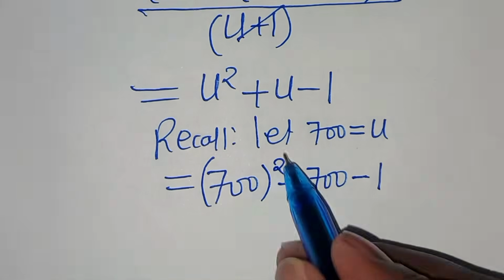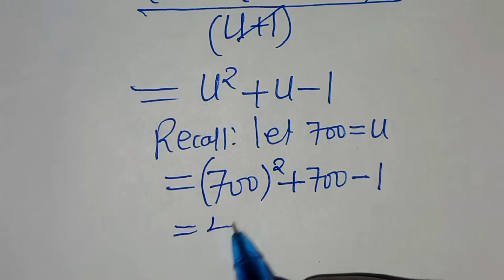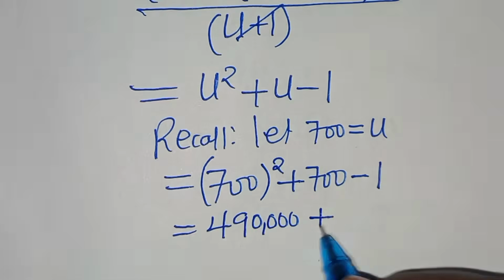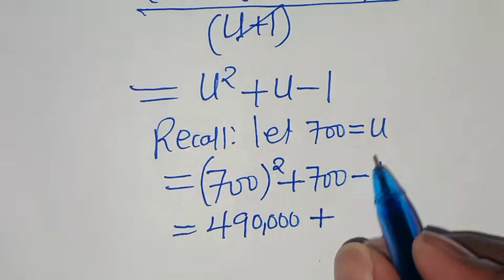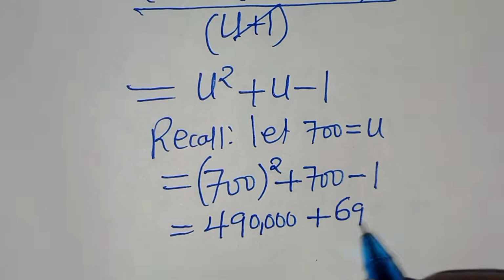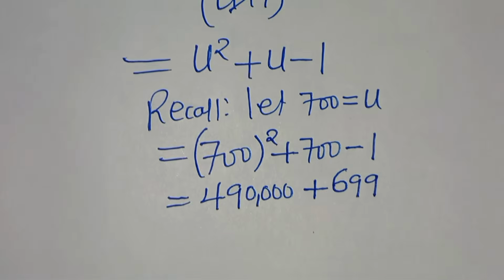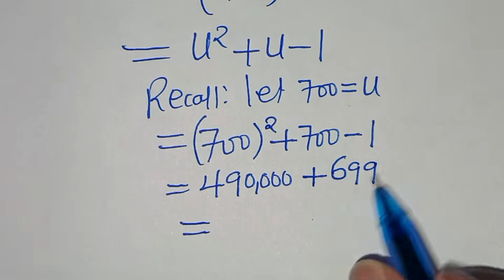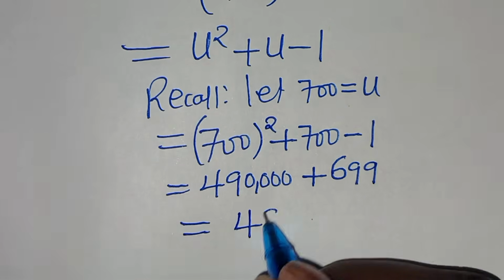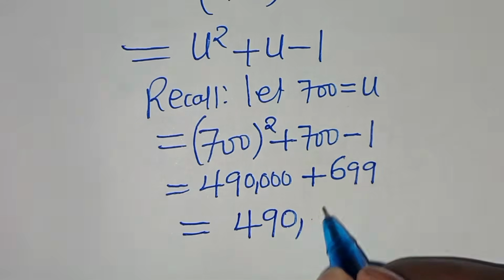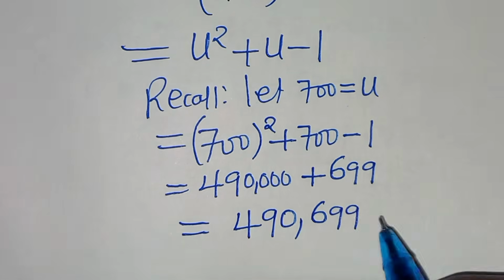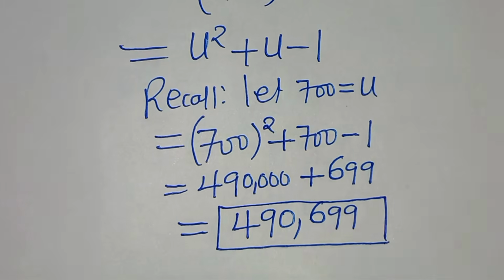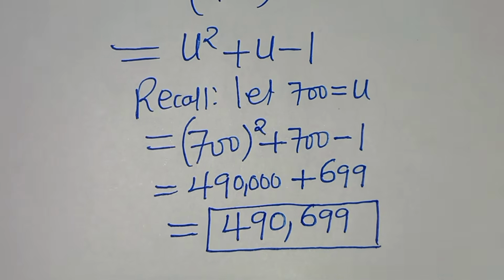So 700 squared is the same thing as 490,000, then plus 700 minus 1, this is 699. And this means that here 490,000 plus 699 is equal to 490,699. And this is the solution to this math problem we have solved without a calculator.